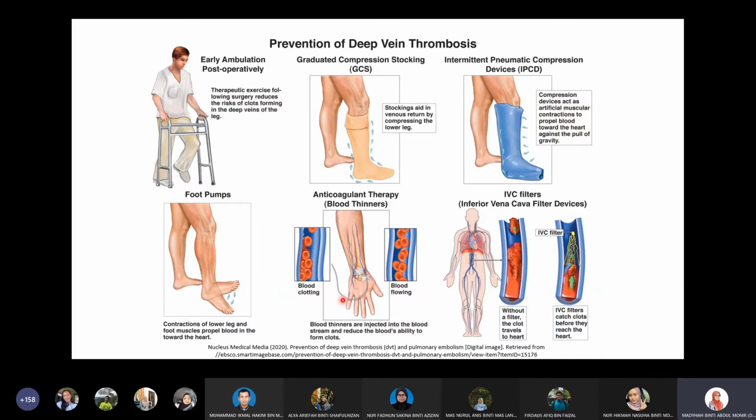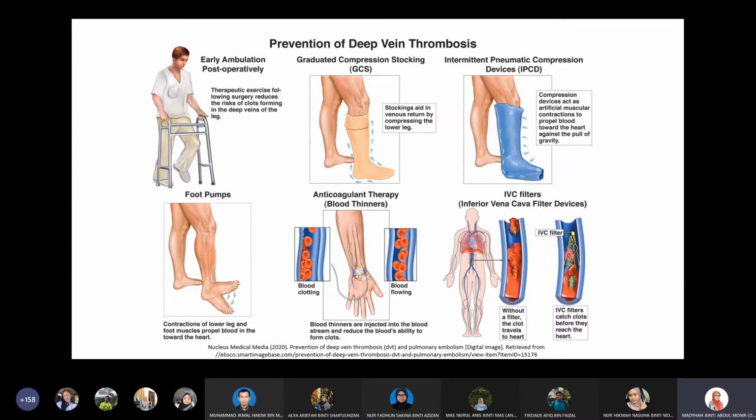You can also exercise, or in certain conditions you are started on anticoagulant therapy to reduce the risk of formation of blood clots. And in certain cases, they will put in an inferior vena cava filter.